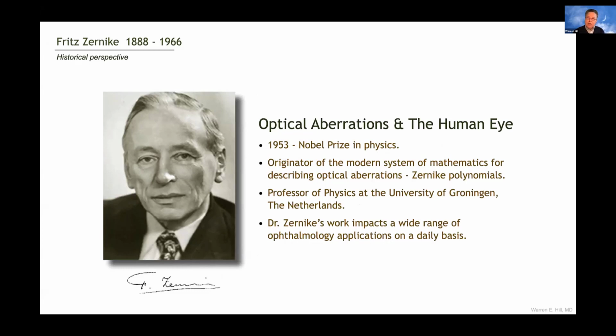And think about all that was going on in Holland just before the 1940s. It's an astonishing accomplishment of this man. And the work that he did is the basis for most of our understanding of loss of image contrast due to corneal aberrations and, to a smaller extent, the lens.